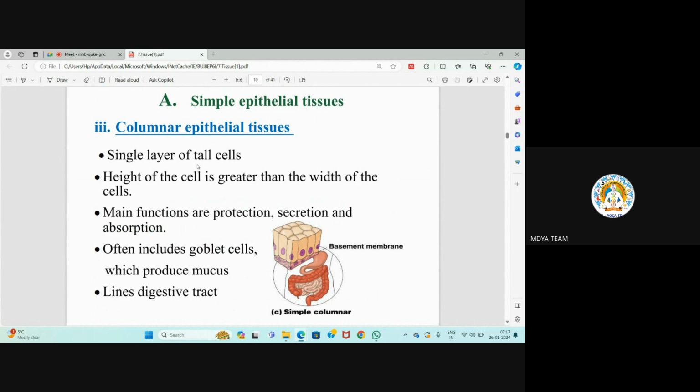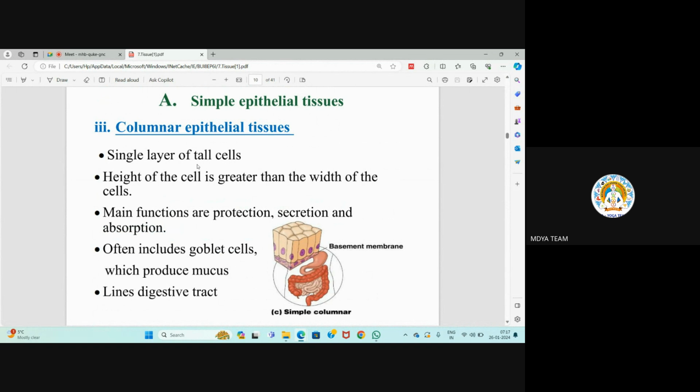I have already told you yesterday that the main functions of this epithelium will almost always be similar, because we find epithelial tissue at the surface level.